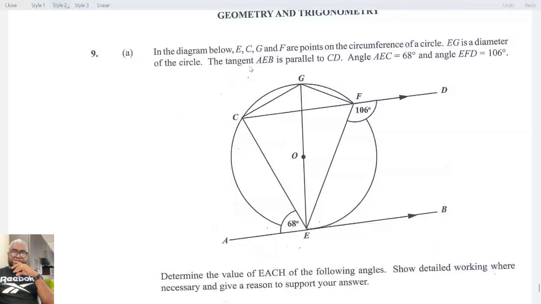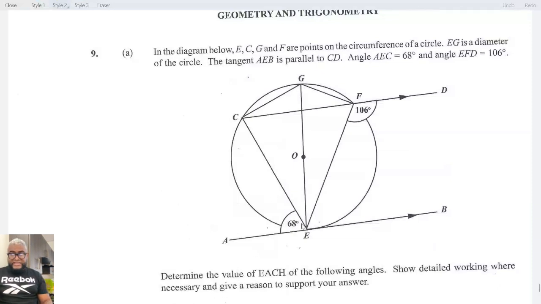The tangent AEB is parallel to the line CD. Angle ACE is 68, and angle EFD is 106. Determine the value of each of the following angles, show detailed workings when necessary, give reasons for your answer.